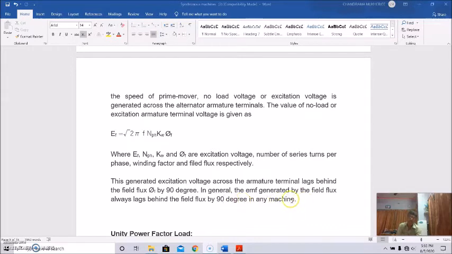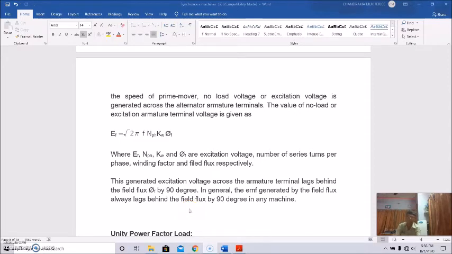That means if this is the field flux, then the induced EMF on the armature, that is the excitation EMF, will be 90 degrees out of phase, lagging. The EMF generated by the field flux always lags behind the field flux by 90 degrees in all machines.